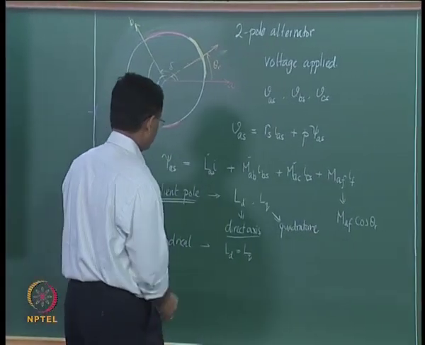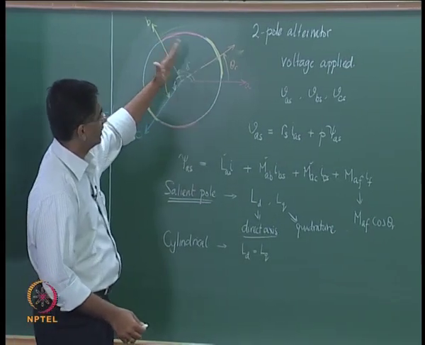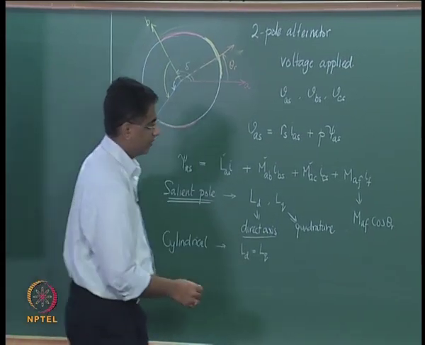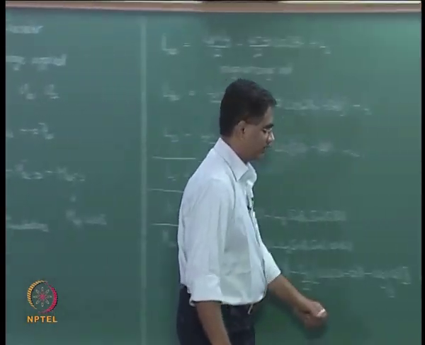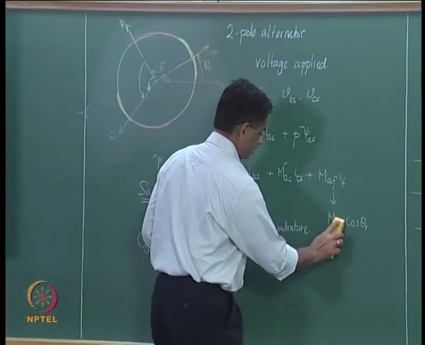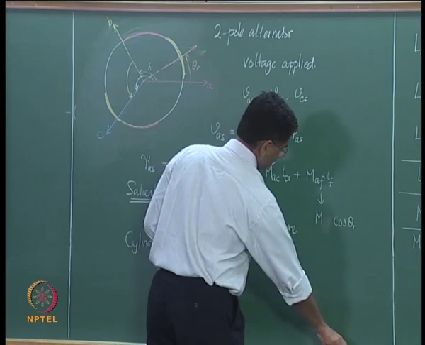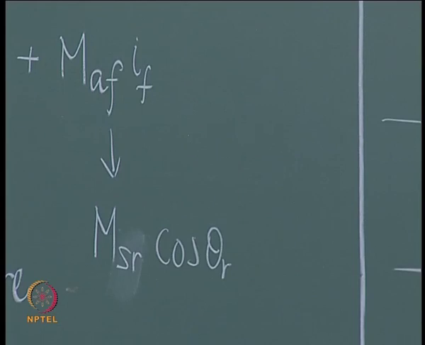The instantaneous mutual inductance between the rotor and the B phase axis will then be, well, since that mutual inductance is a common value between that of the stator and the rotor structure, we will simply call it MSR, that is a better notation I think.